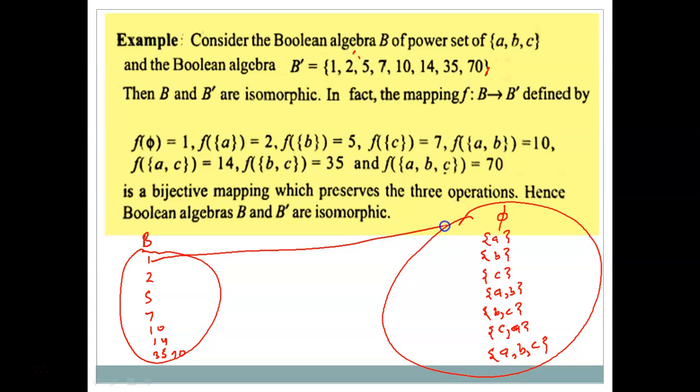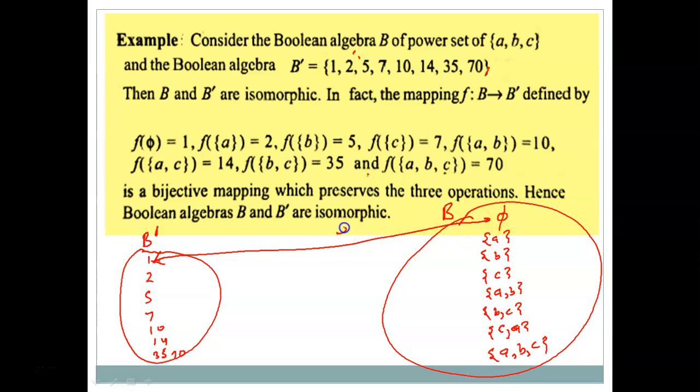If 1 is associated with phi, then in fact here it is opposite. In fact, this had been considered as B and this as B dash. So in either way, because this is a 1-1 onto function, we can define the mapping in either way.